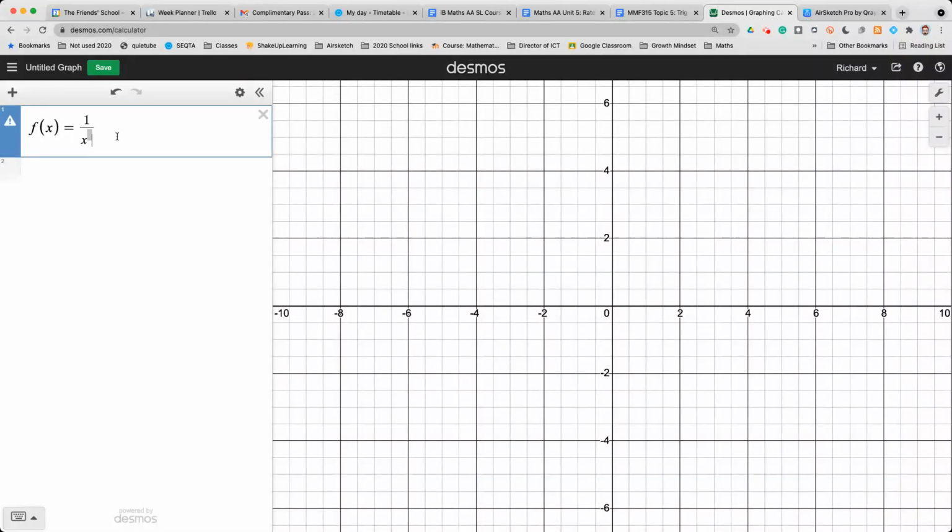I'm sorry if I'm making things more complicated. Just put in f of x equals 1 on x. I'm not going to go through the technical why this graph looks like it does. It's called a reciprocal function, 1 on x.